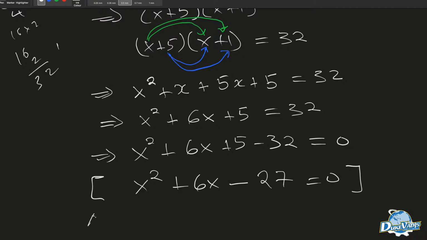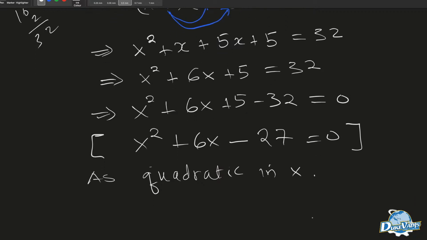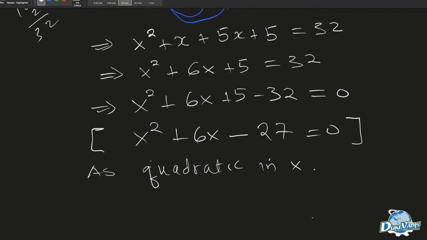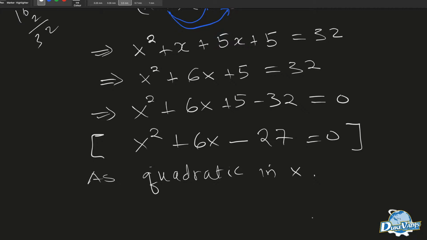Look at the equation. The equation is now quadratic in x. As you can see, the coefficient of x squared is 1, so we multiply by negative 27.